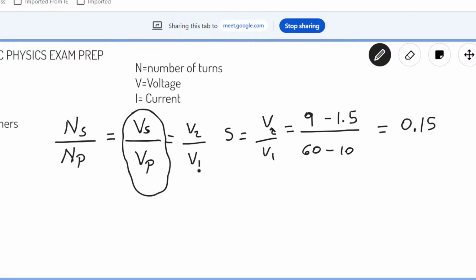So for any graph that you're given, look at what's on the y-axis and what's on the x-axis and see which equation it is linked to. All this tells you is the factor. This 0.15 is just the factor by which it will be stepped up or stepped down. It's just that ratio. So it's not going to give you resistance.